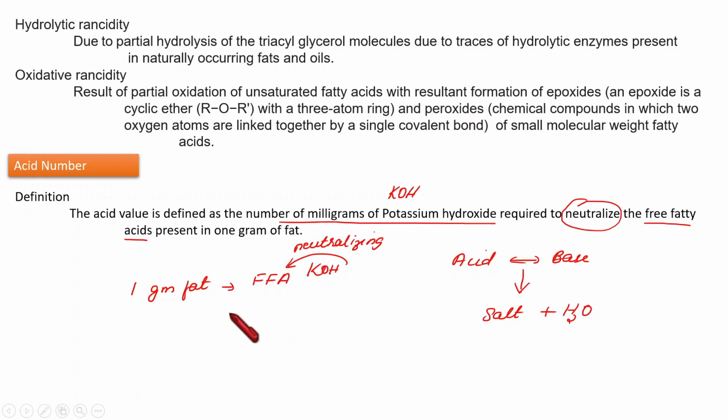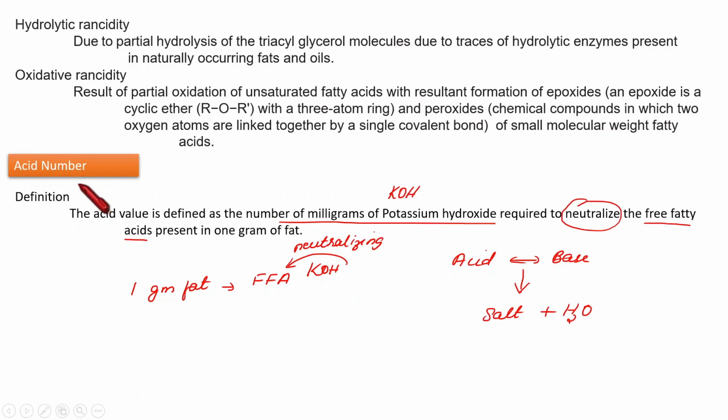So for a fat sample, if the acid number is high, it means that it contains more free fatty acid. And when that free fatty acid is forming in a fat, when it becomes rancid, when it becomes spoiled, at that time free fatty acid is forming as one product in that fat.